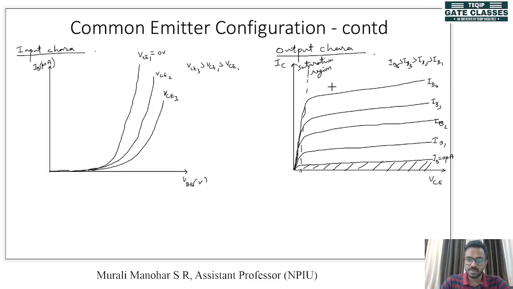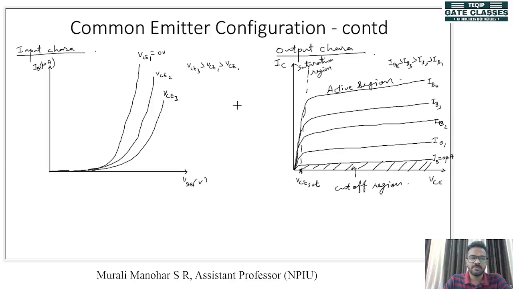So this corresponds to the active region, and this area where IB is equal to 0 microampere corresponds to the cutoff region. Now the voltage at which these characteristics move from saturation to active region can be called VCE sat, saturation voltage.